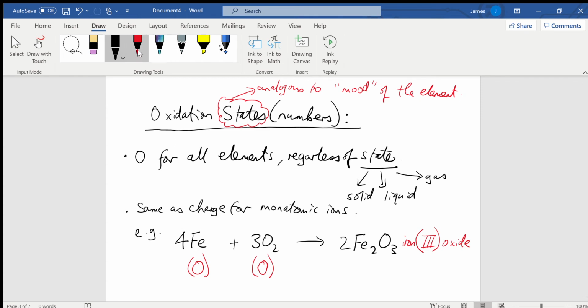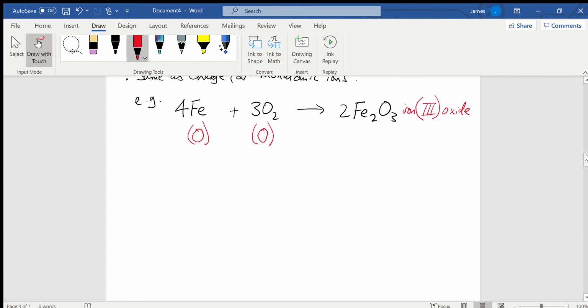So let's scroll down and look at iron 3 oxide, just some scratch work down here. We would essentially have to do a little tiny algebraic equation here. So we know that we have 2 iron 3s and we have 3 O2 negatives, right?